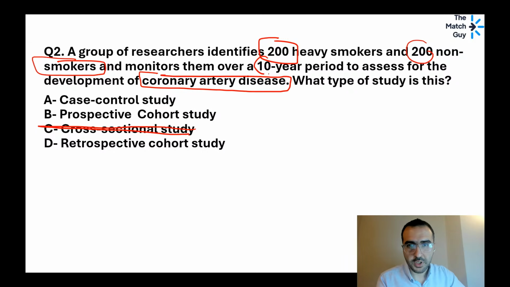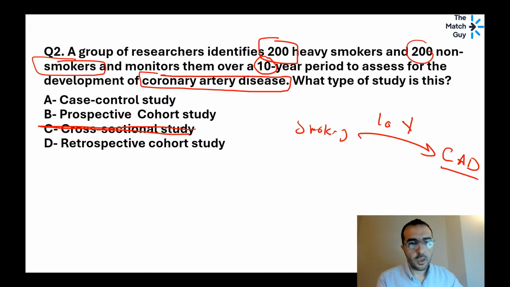So follow up over 10 years. So smoking, follow up 10 years, and then we look for the disease, which is coronary artery disease. So this one is a cohort study, but we have two types of cohort study, as you see here, prospective and retrospective cohort. Since we're looking in the future, it's a prospective cohort study.